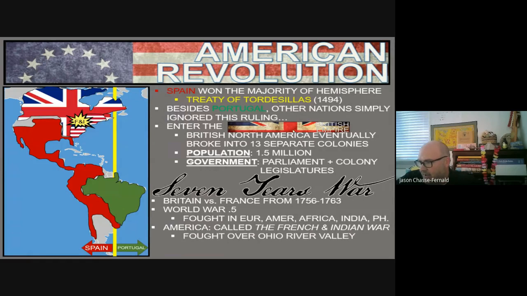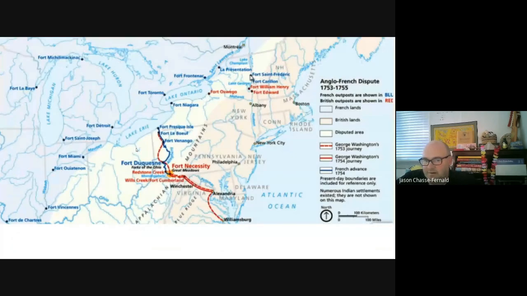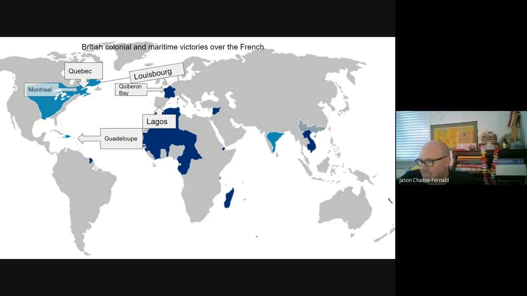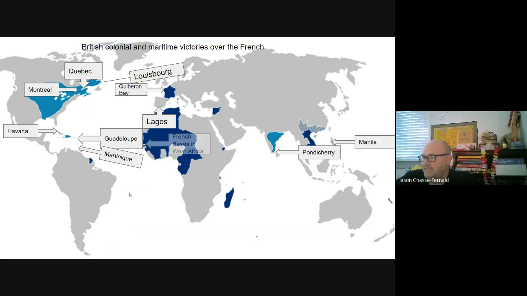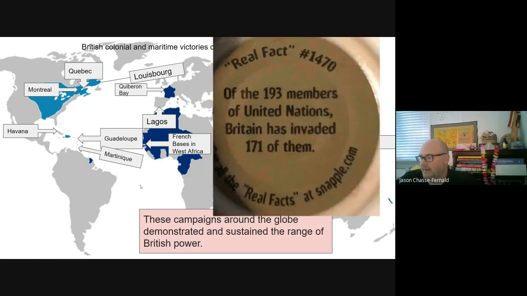Also keep in mind that there is the North American battleground, but it's also a war fought all over the planet, so it has global implications. This is an important thing to understand, because today I'm going to be looking at how the American Revolution fits into this global impact.